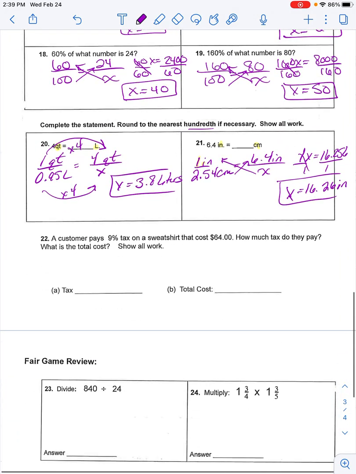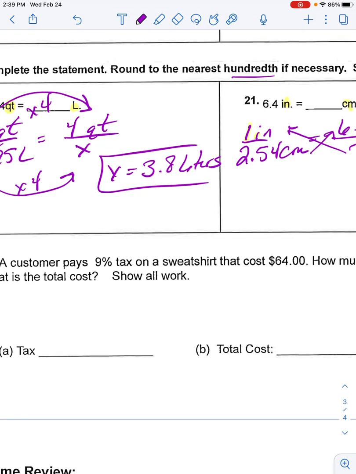Okay. A few more. A customer pays 9% tax on a sweatshirt that costs $64. How much tax do they pay? What is the total cost? Okay, you're paying 9% tax on a $64 sweatshirt. Remember, 9% is 9/100ths, 0.09.